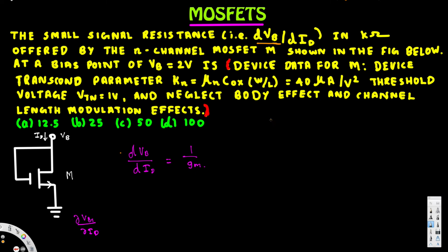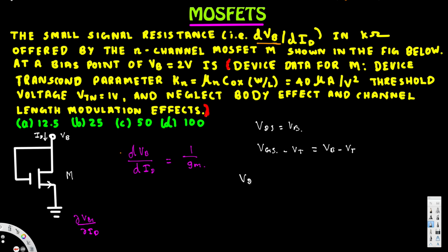So first let's mention that here: VDS is equal to VB, and also VGS, the gate voltage, is going to be the same as the drain voltage, so VB. Now here we have a condition: we can have the linear region or the saturation region, and we have to look at which region we are in.